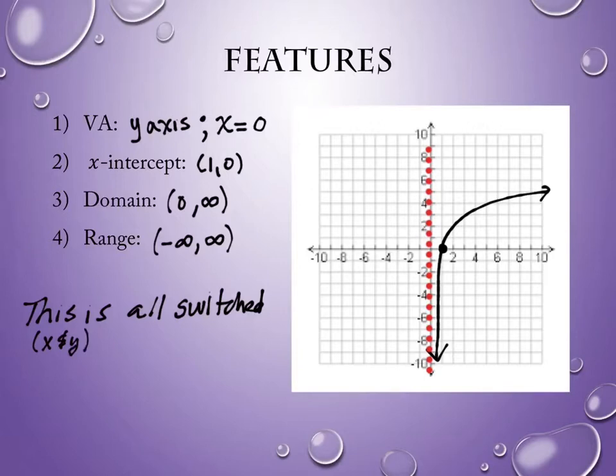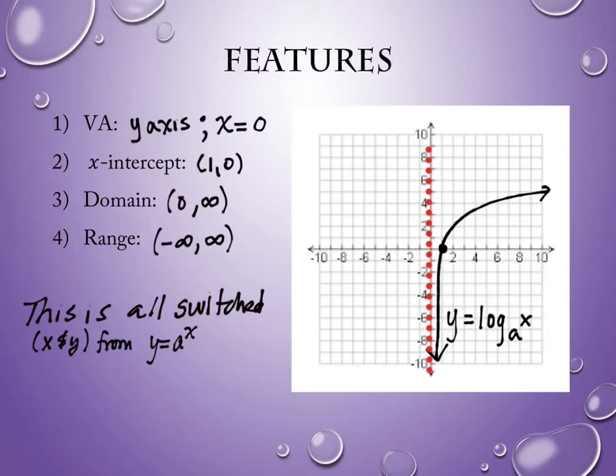By switched, I mean the x and the y's. From the graph y equals a to the x, this graph would be y equals log base a of x. It's exactly switched x's and y's.